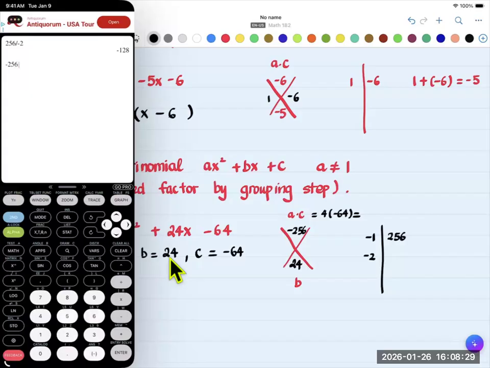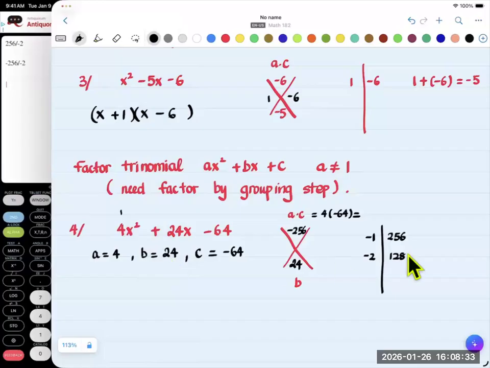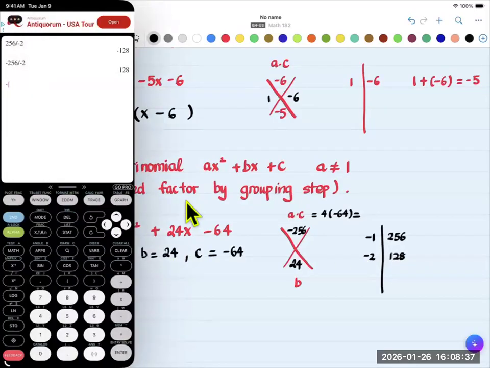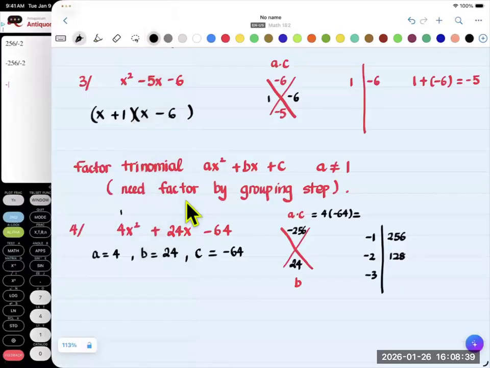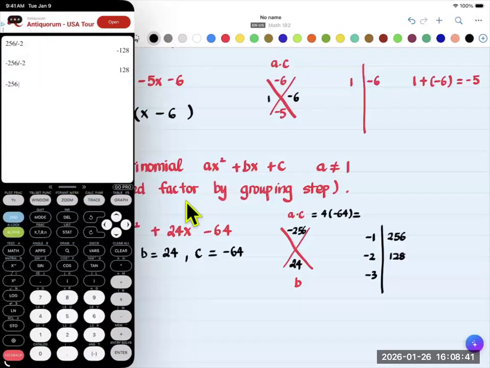Negative 256 divided by negative 2 is 128, and 128 minus 2 is not 24, so we move on. Negative 3, let's see if it works. Negative 256 divided by negative 3, oh, it doesn't work. So we move on to negative 4.